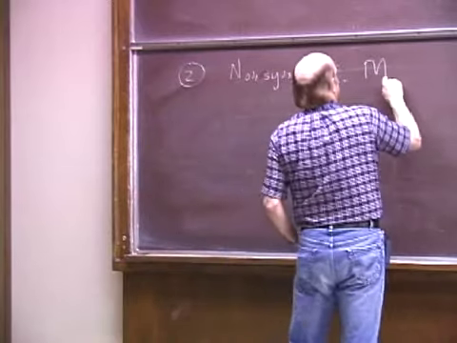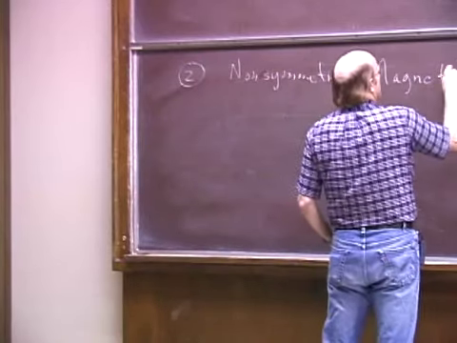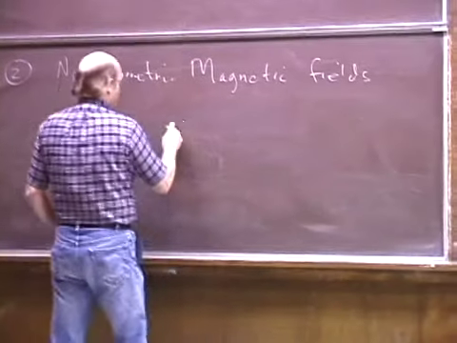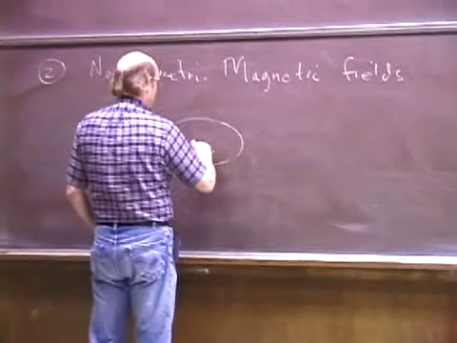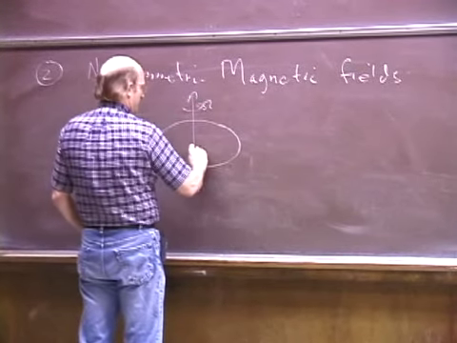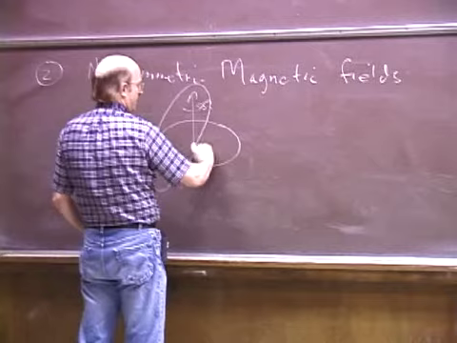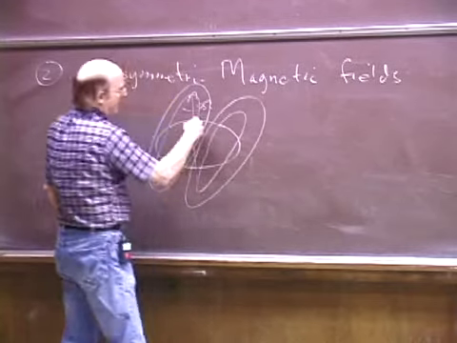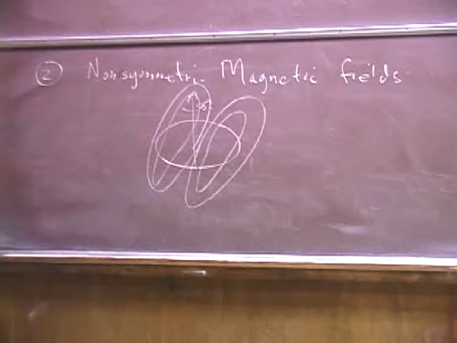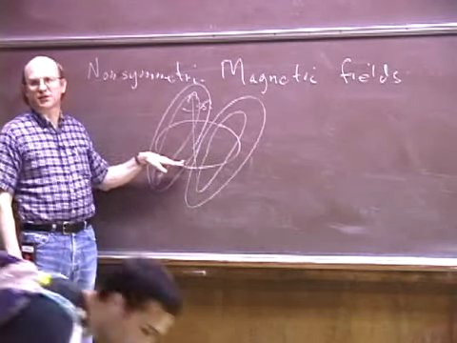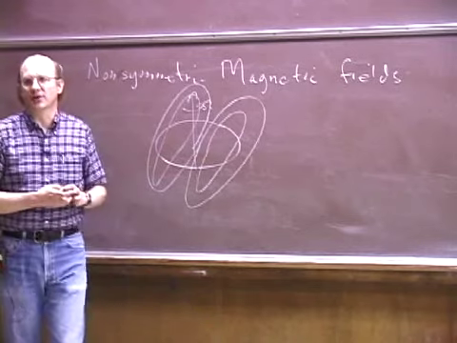magnetic fields. So you can imagine having a neutron star which is basically rotating around this axis, but then it has built into it some very strong magnetic field, and this magnetic field has anisotropic stresses that can deform the shape of this star in some non-axisymmetric way.